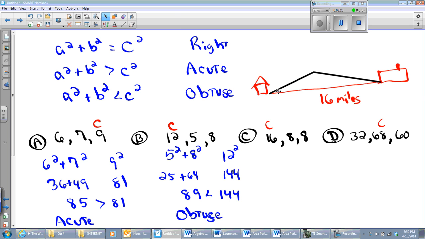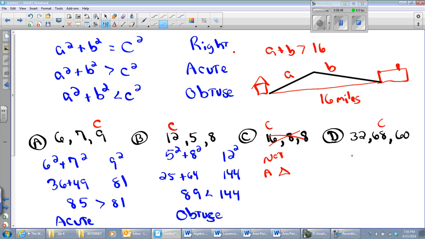If I go out of my way, then come back, haven't I traveled a greater distance than just the 16 miles? Therefore, this side A and this side B added together must be greater than the third side. Has to be. So this is not a triangle. Not a triangle. It's not possible.